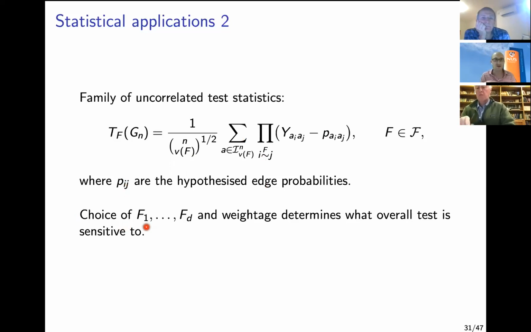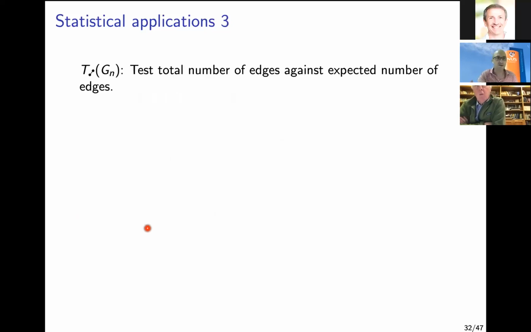The choice that you make about which subgraphs you're looking at determines what the overall test is sensitive to. That's a choice the statistician has. So let's look at a few examples. The easiest one is where you pick F to be an edge on two vertices, and that's just testing the total number of edges against the expected number of edges.